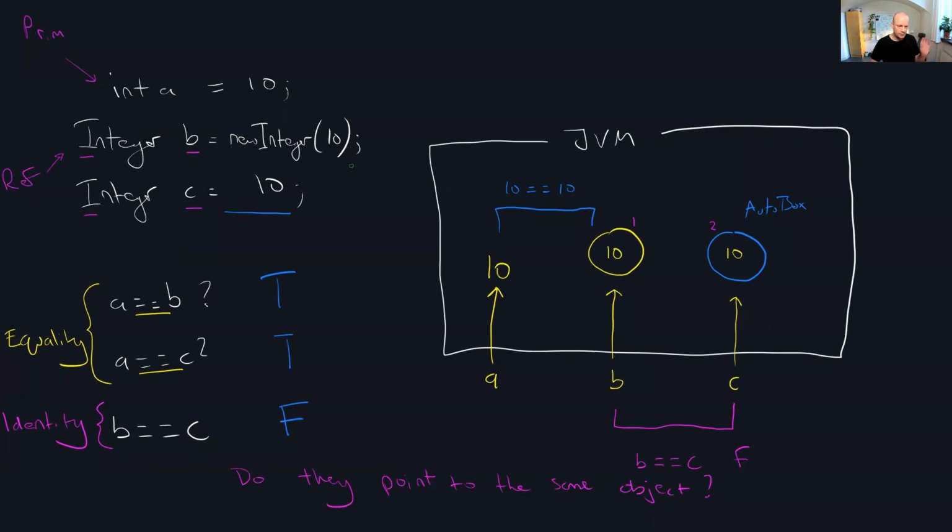So these three things, the auto boxing, which Java will do on your behalf automatically, then the use of the equals operator, can lead to confusion. The thing to take away here is that whenever you're using reference types and the equals operator, have in the back of your mind that you could be walking into a trap.